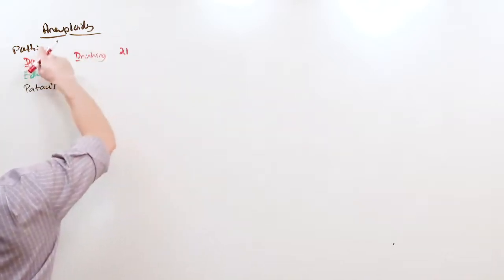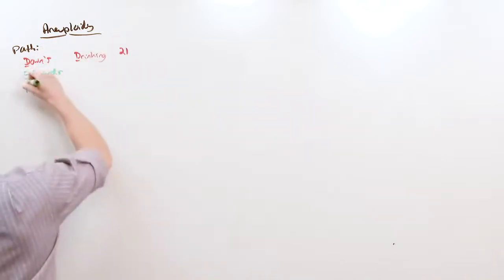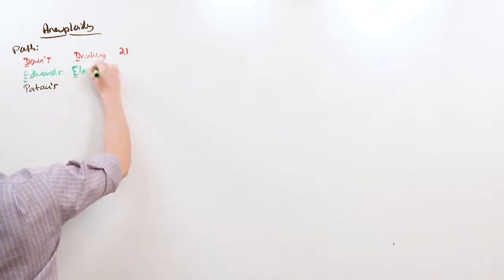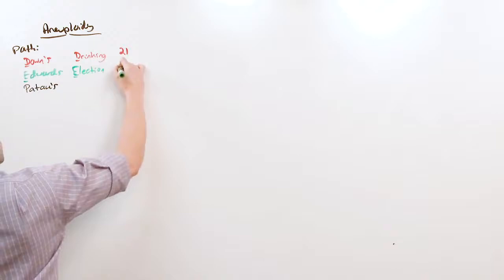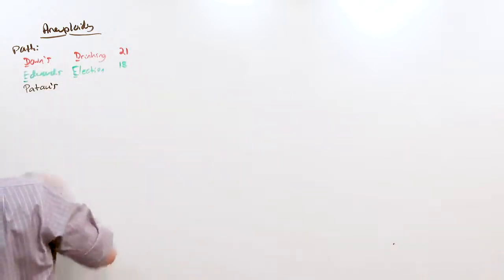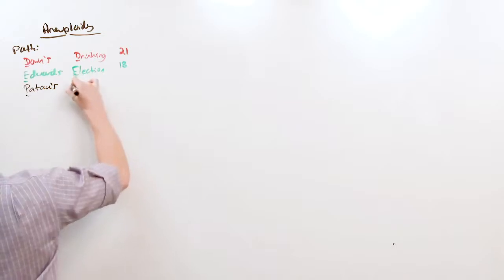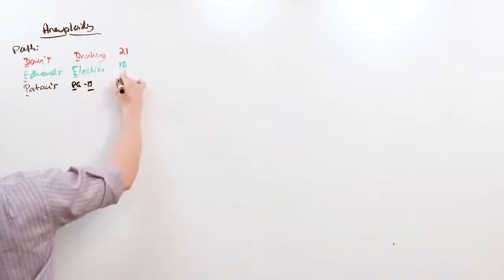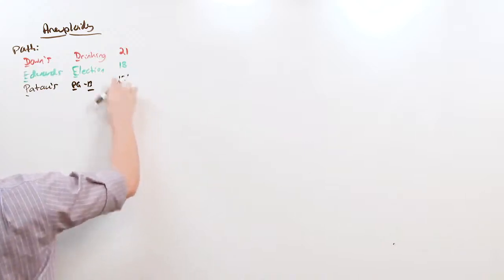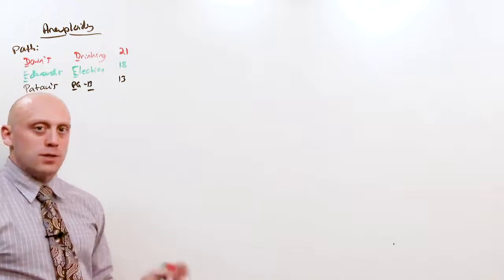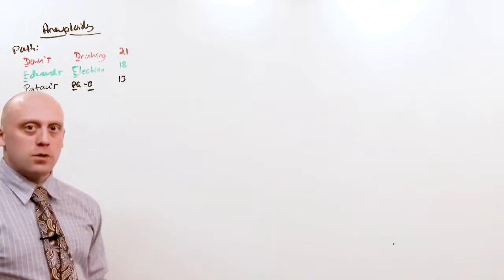Chromosome 21 is affected by Down syndrome. Edwards E, E for election. The age at which you can vote in the US is 18. Chromosome 18, Edwards. Patau is the other one, also can be remembered by PG13. Movies, the 13 reminds you of chromosome 13. The diseases that are named are chromosomes 21 Downs, 18 Edwards, 13 Patau.